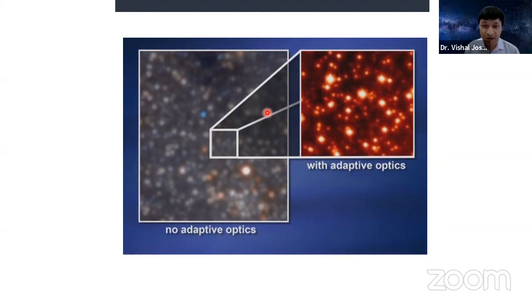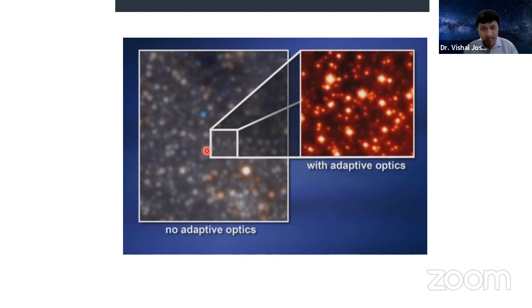So this is a further zoomed part of the actual center of our own galaxy. In this left image, you can see the stars are blurred. This blurring is mainly because of atmospheric turbulence on the Earth. But recently, we have developed a technology called adaptive optics, which compensates for the blurring effect of the atmosphere, and you can see a very nice clear image.